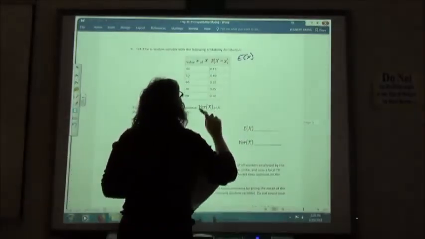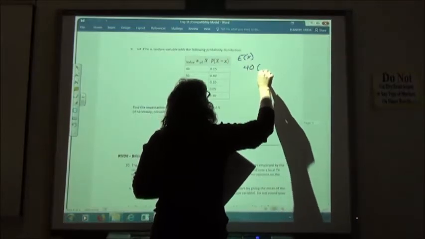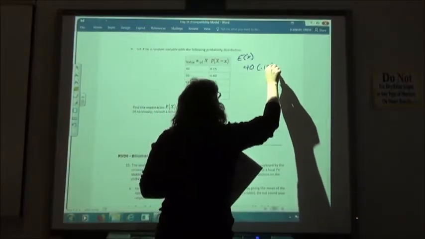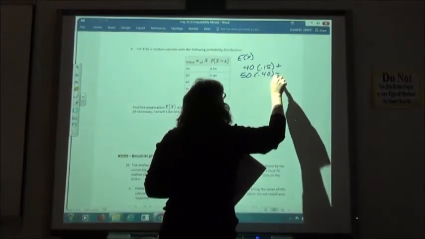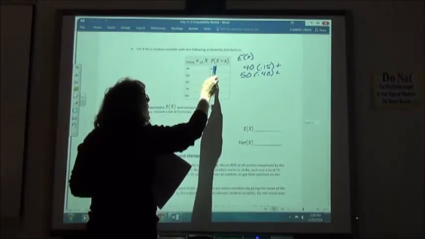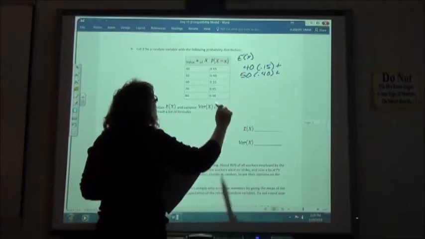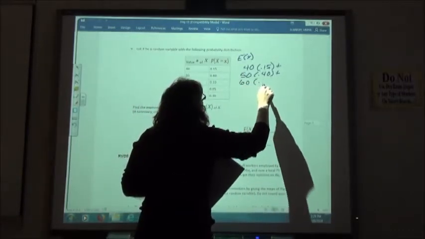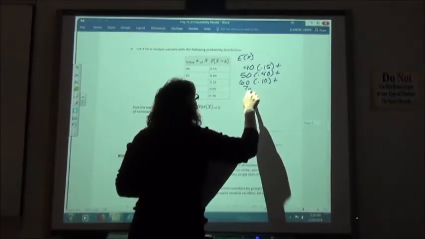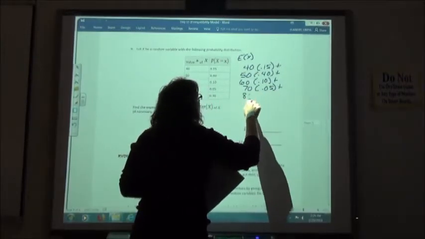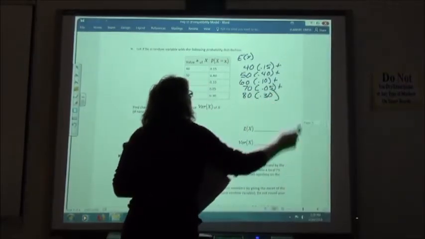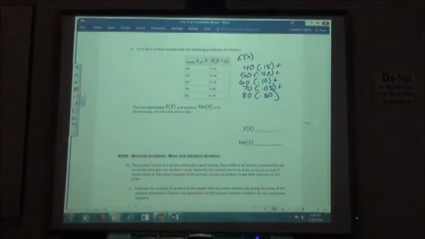You're going to take 40 times 0.15, 50 times 0.40, and so forth, right. We're going to take each of our values times its probability and add it all up. And that's going to find our expectation, which is like your weighted mean.